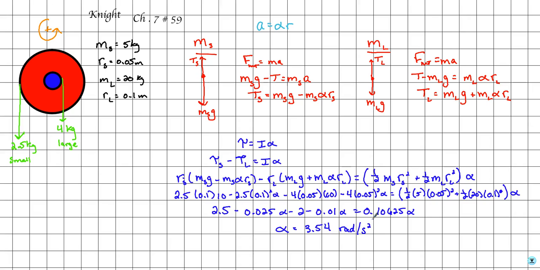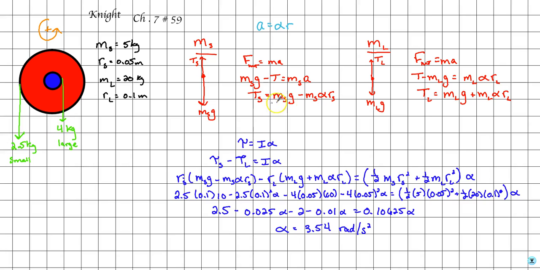So this problem has, I think, two key points that make it difficult. The first is remembering that the moment of inertia of the entire pulley is the sum of the individual cylinders' moments, which we added together. The other tricky part is remembering that the tension in these individual ropes is not equal to the weight of the two masses.